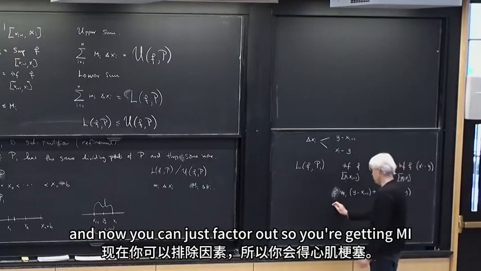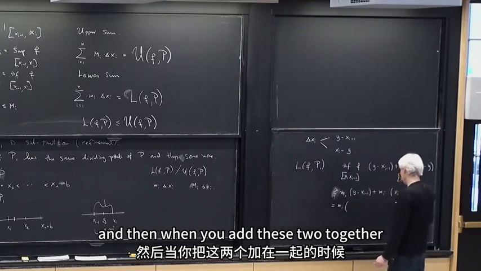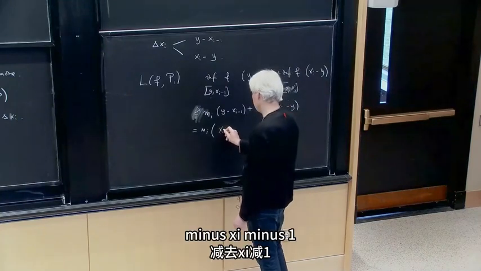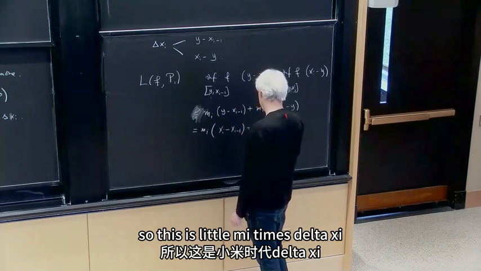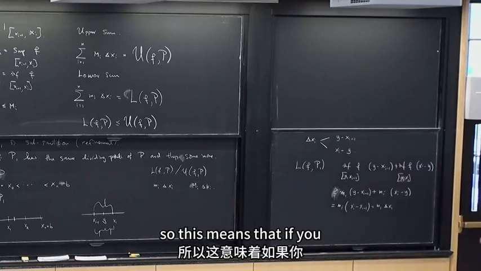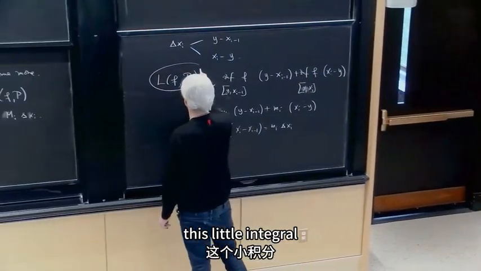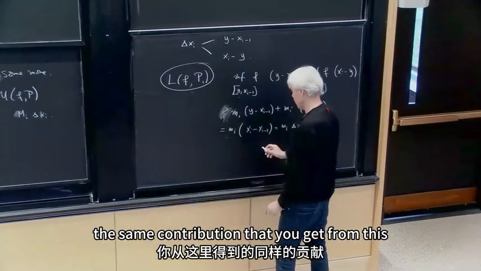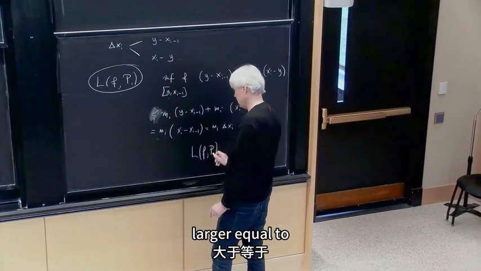Now you can just factor out m_i, and when you add these two together, this gives you exactly x_i minus x_{i-1}, so it's m_i times delta x_i. So the contribution that you get on this little interval is larger or equal to the contribution from the original.